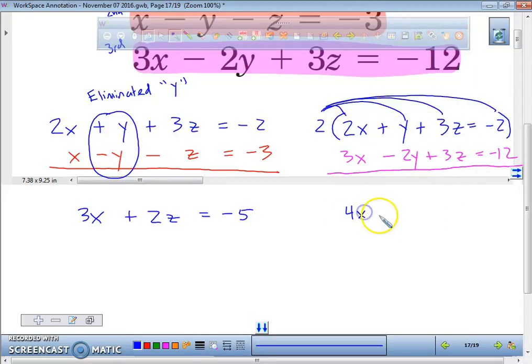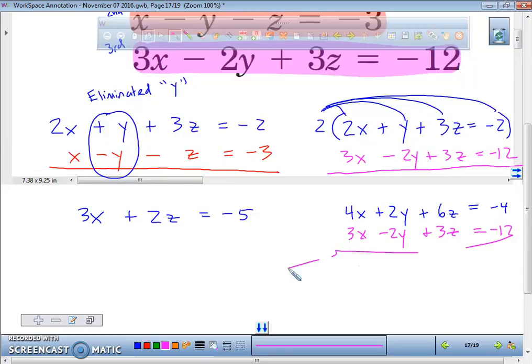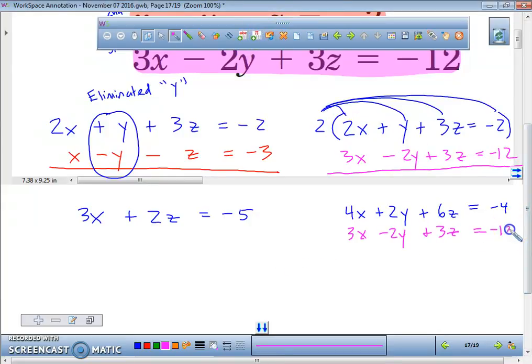And you get 4x plus 2y plus 6z equals negative 4. That's if you multiply 2 or distribute it throughout the entire top equation. The bottom equation is 3x minus 2y plus 3z equals negative 12.